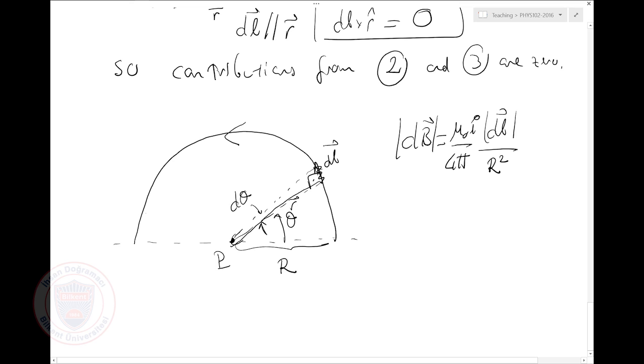How about dl magnitude? It's the length here. It's r d theta. So dB magnitude is mu 0 I over 4 pi r d theta divided by r square.